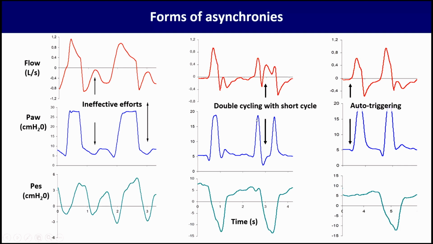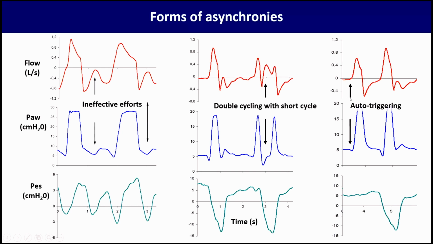In this second attempt, you see there is no breath here. This is a case of a double triggering, where he has triggered just after this breath. He is triggered again, which is reflected by the drop in the esophageal pressure, so there's a double triggering which delivered a breath.